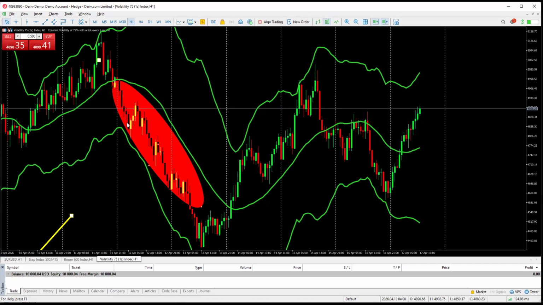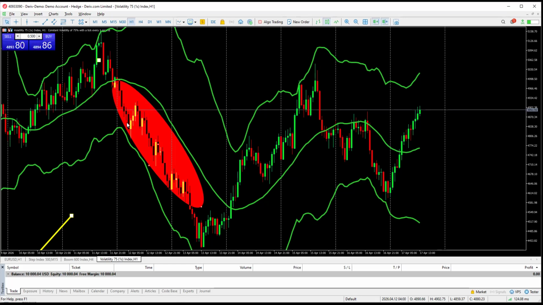I'm seeing Jump 75 Index. Is it able for you to show on the screen? I doubt, because you are using one gadget.